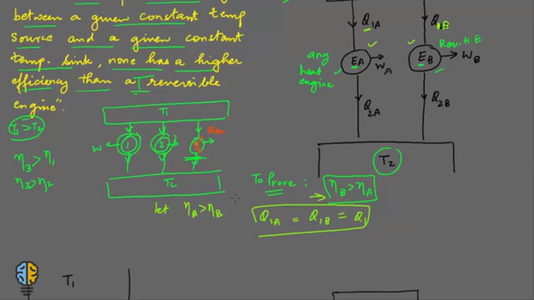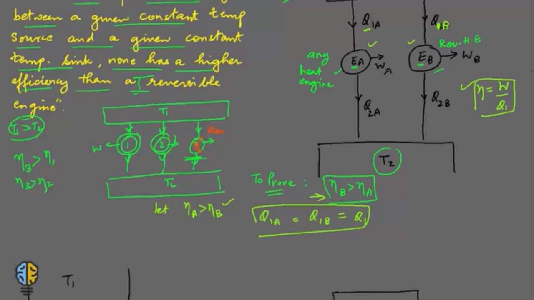Okay, now we have assumed that this is a true statement, that is eta A is more than eta B. Now eta is equal to work done upon the heat supplied. So this is the value of the efficiency.